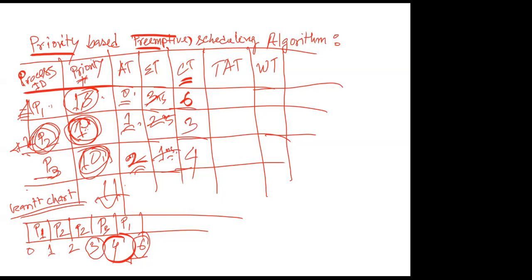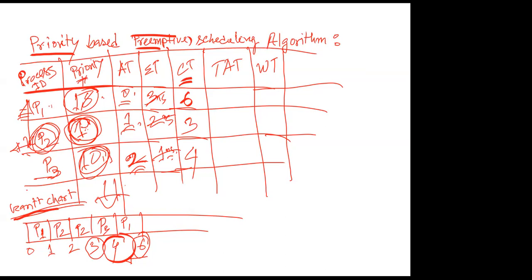Once you calculate the Gantt chart, it is easy to compute the completion time. From the Gantt chart you just take these values and fill in the completion time for each process.